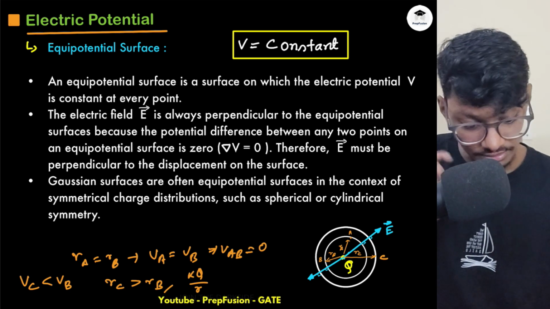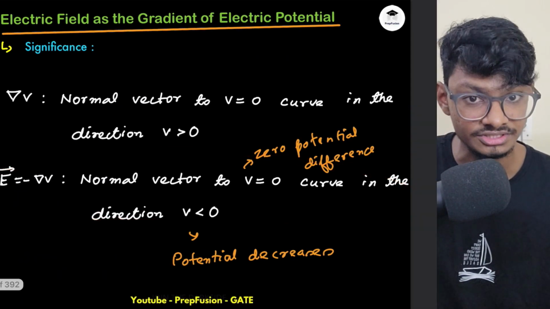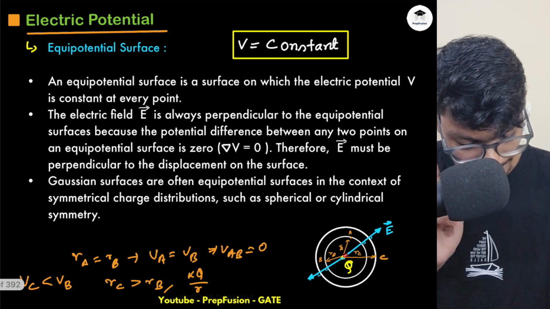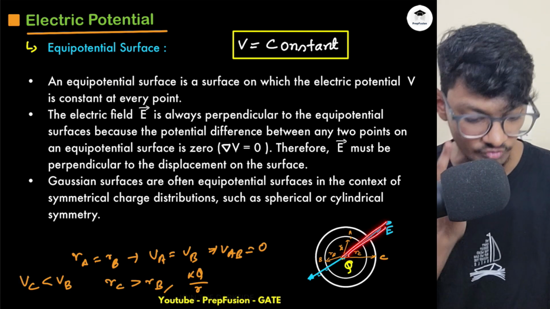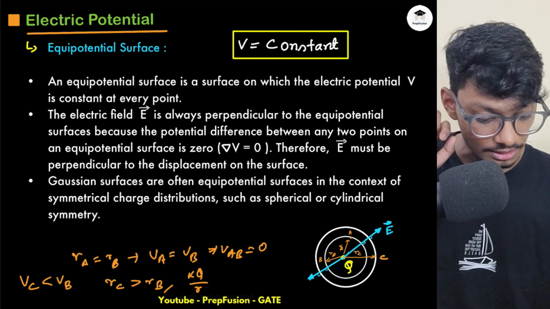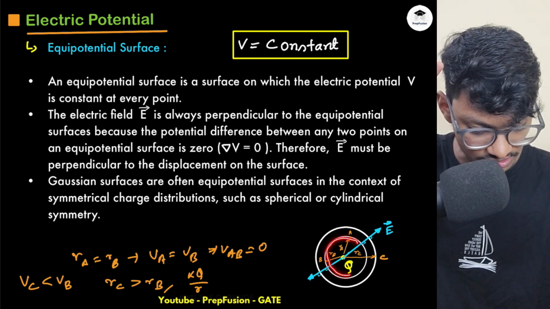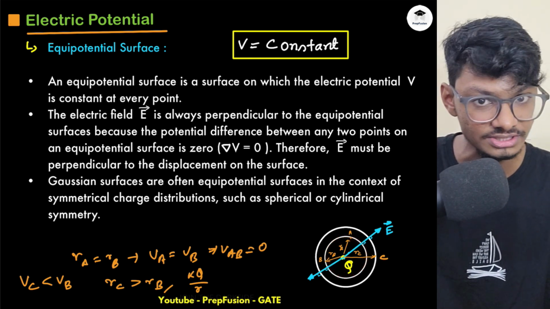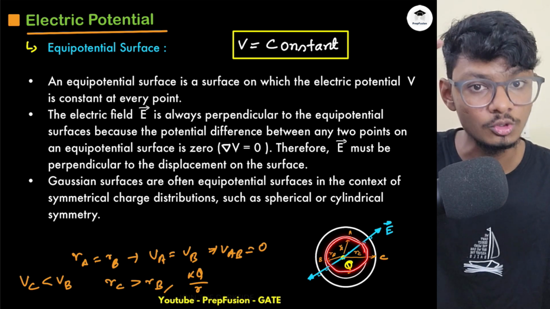So what is happening? Try to visualize this statement. Here, as I am moving along the direction of the electric field, potential is reducing, and the field is perpendicular to the surface. This whole sphere-like surface is an equipotential surface.